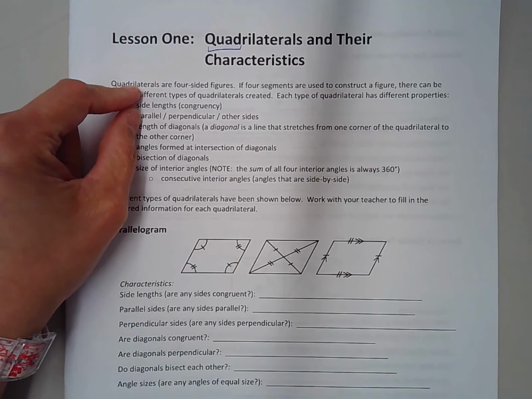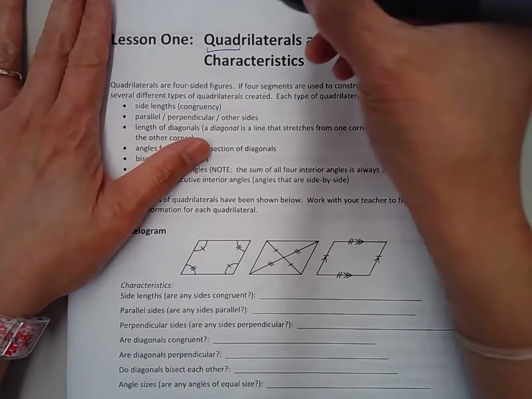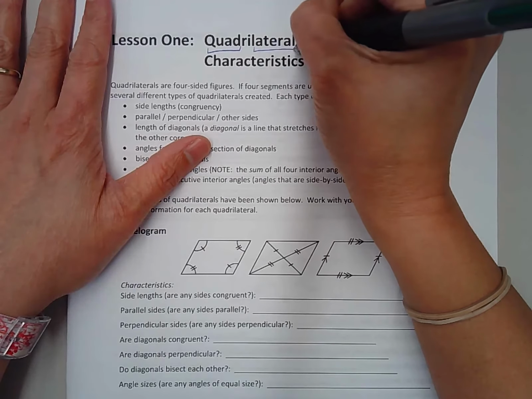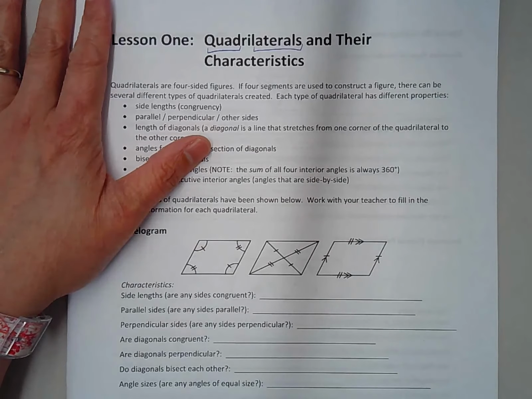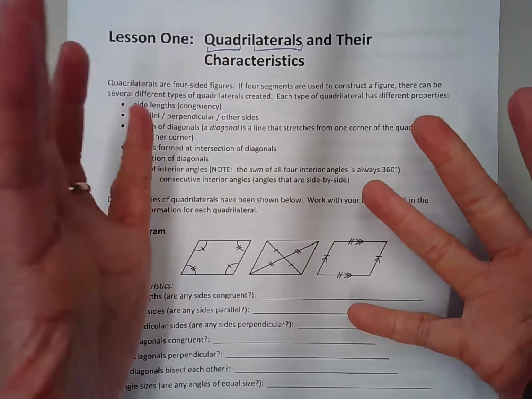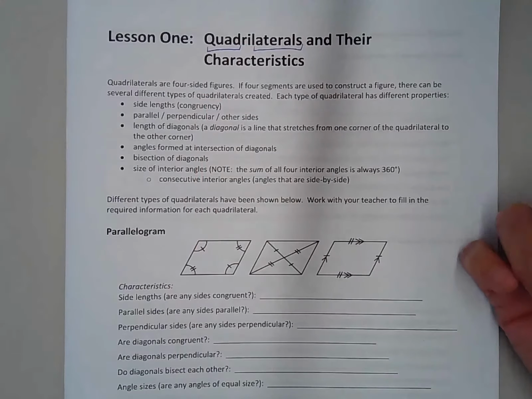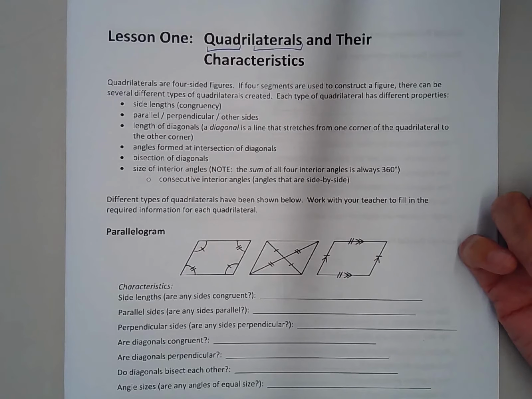Anything you hear with the word quad, it's 4. And the word lateral means pertaining to the side. So when you put it together, quadrilateral means 4 sides. So anything that's a 4-sided figure, we're going to take a look at their characteristics.